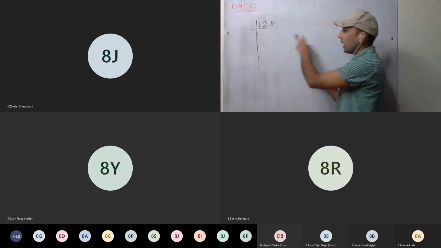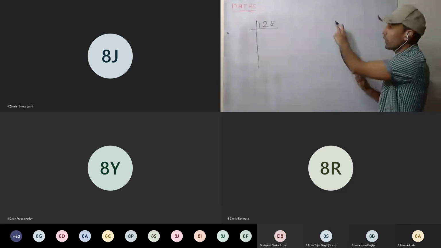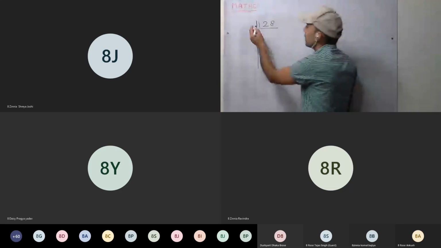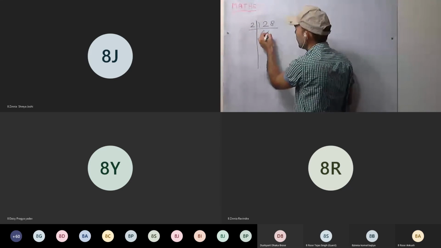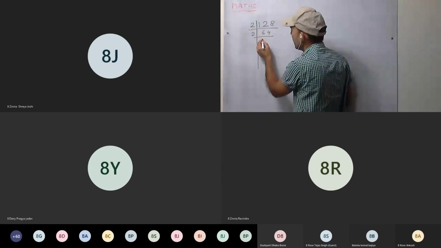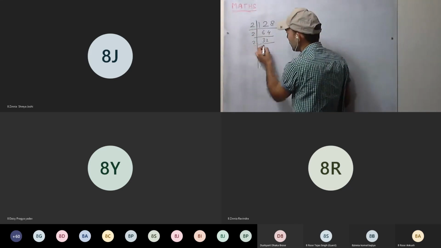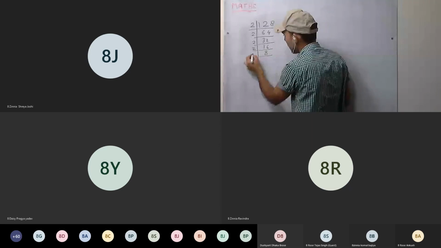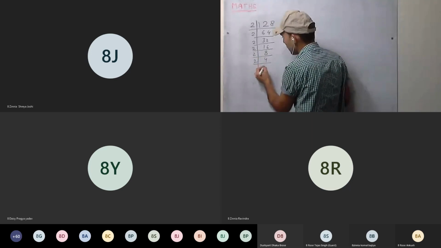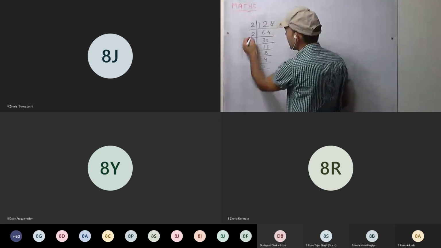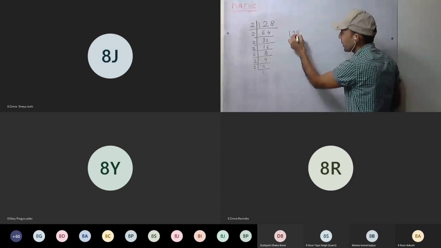We did this in square roots as well. To check whether it's a perfect square, we factorize it. Factorization was clear to you. So 128.